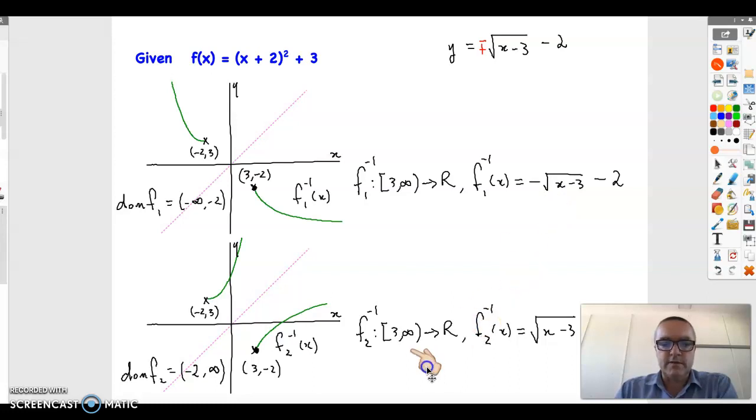The second inverse function has exactly the same domain, and the rule is the same rule apart from it's got a positive square root of x minus 3. So here you can see by restricting the domain and doing it in either way, we come up with the rules for inverses, and those rules are going to be different.